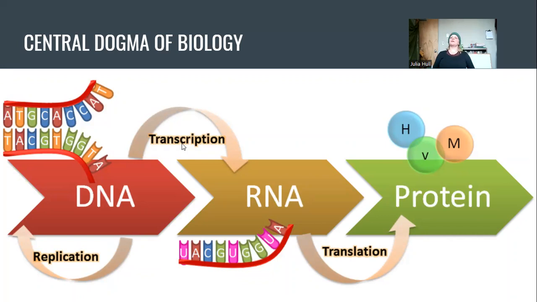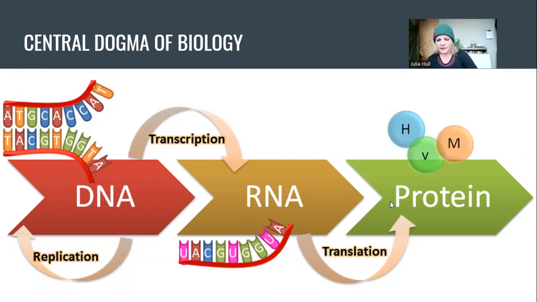So now we've kind of described the central dogma of biology without being explicit about it. So now let's be explicit. The central dogma of biology says that DNA replication happens within the nucleus. DNA is copied. That information is transcribed onto RNA and then translated to a protein.